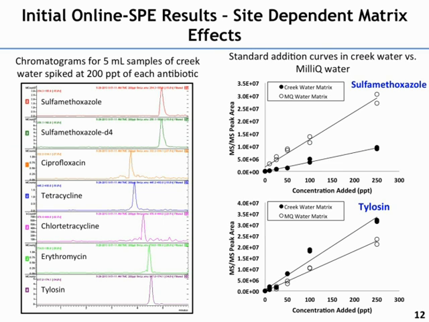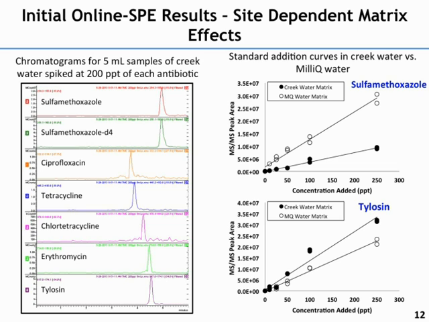So here's some representative data. What I have on the left is MS chromatograms for the 6 compounds. For one of them, we have a deuterated internal standard. These are 200 part per trillion spikes in 5 mL samples of creek water. And as I said, we've been doing a lot of standard addition. So on the right, you see for 2 of the compounds the matrix effect, comparing deionized water to spikes in this creek water sample.